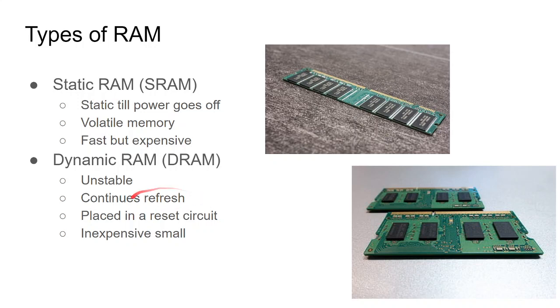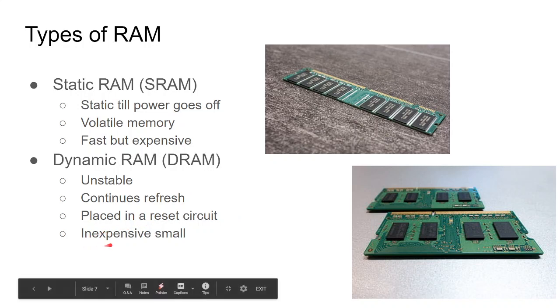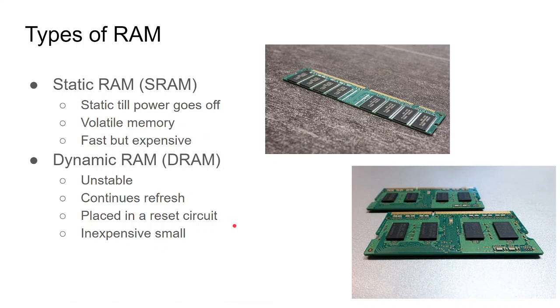So for this refreshing, a refresh circuit is added to this dynamic RAM. It is very inexpensive and small compared to your static RAM. So everything has its own usages.